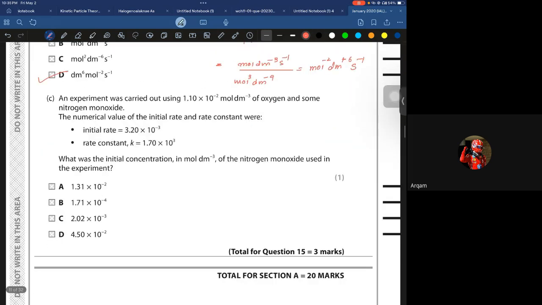An experiment was carried out using 1.10 times 10 to the minus 2 mole per dm cube of oxygen and some nitrogen monoxide. The numerical values of the initial rate and the rate constant were given. What was the initial concentration in mole per decimeter cube of the nitrogen monoxide used in this experiment? How can you calculate this?